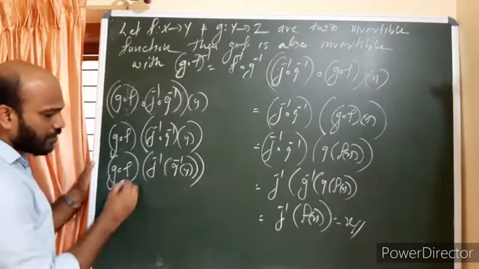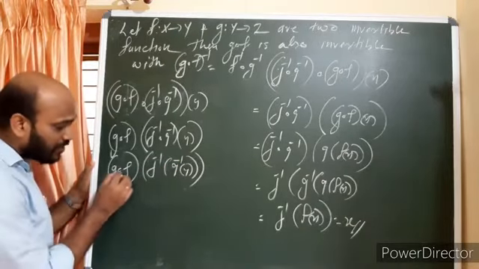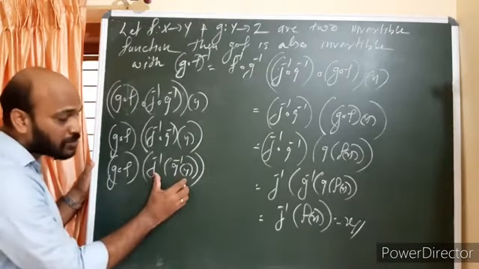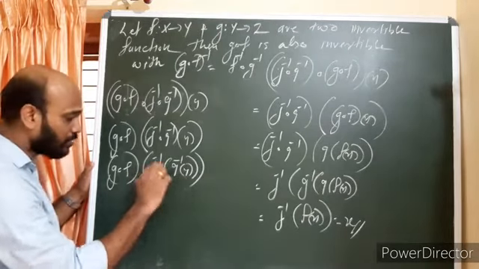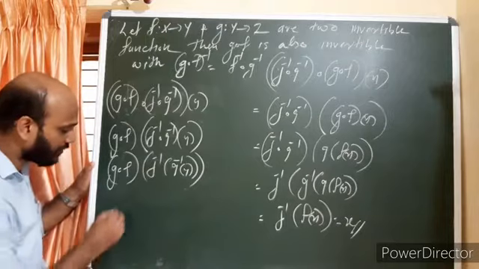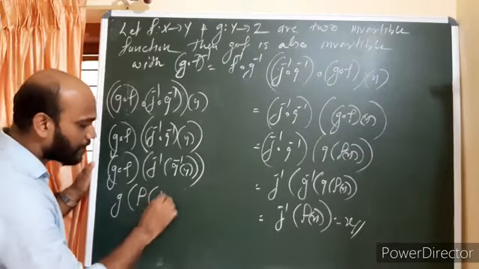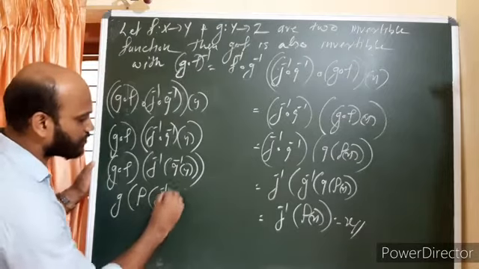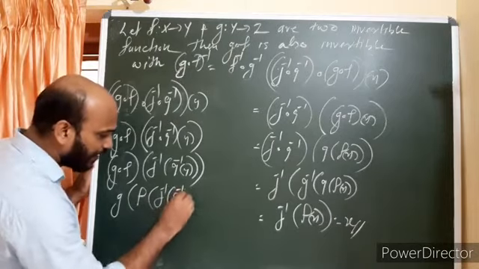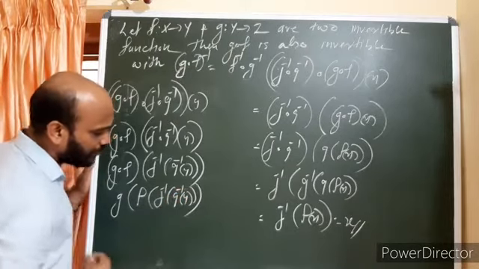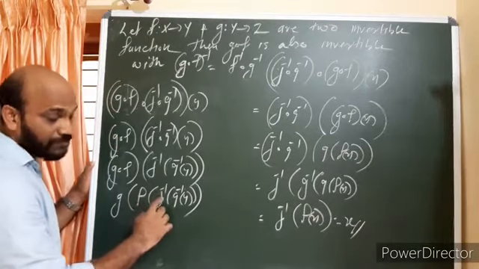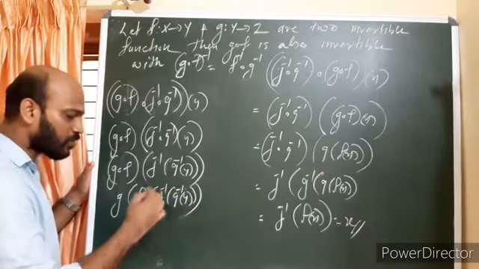Right. Now it's just like g of f of x. In place of x we have this term. So by using the same composition definition, we will get g of f inverse of g inverse of y. Right. Now f of f inverse of x is x, f of f inverse of y is y.